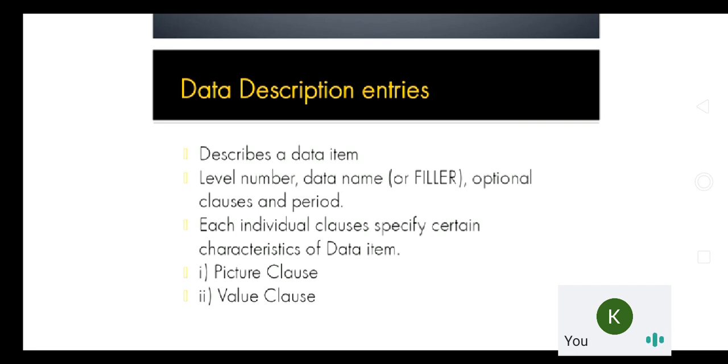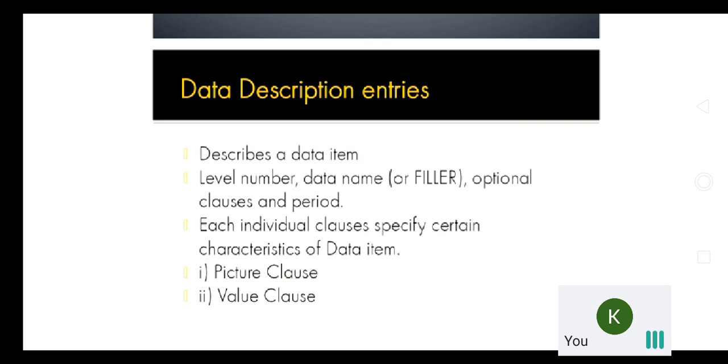Each and every data item will be characterized by these particular clauses. Those characteristics will be defined using these clauses, the picture clause and the value clause. Normally we use these along with data definition or data declaration.